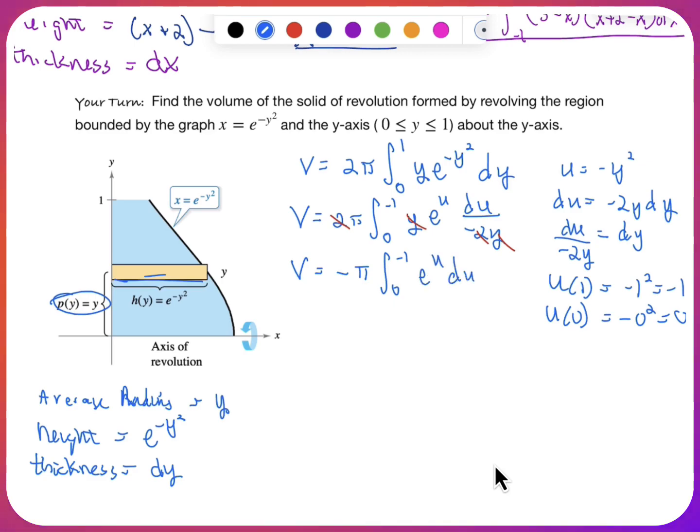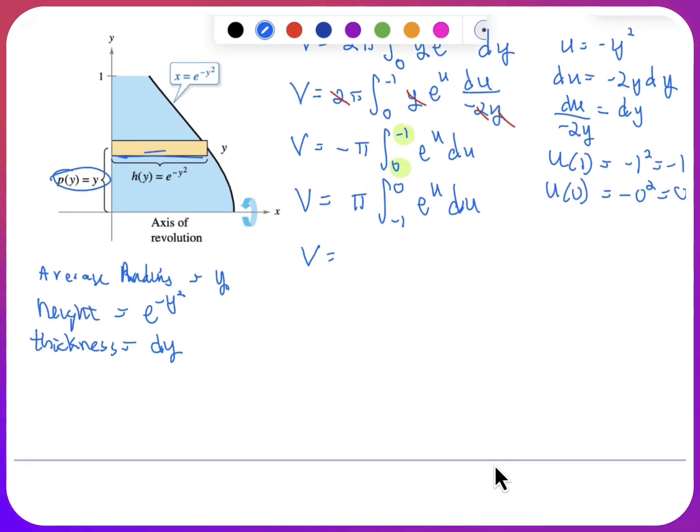Now recall that the upper bound must be larger than the lower bound. So since my upper bound is smaller, I need to flip my bounds and negate the expression. So I rewrite this as pi times the integral from -1 to 0, e to the u du. And then remember, the integral of e to the u is e to the u. So I have pi e to the u, evaluated from -1 to 0.